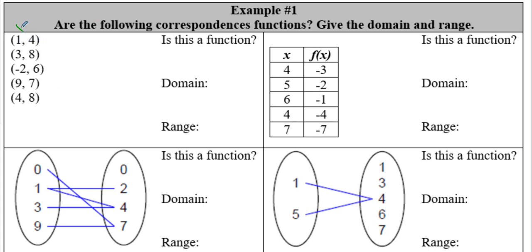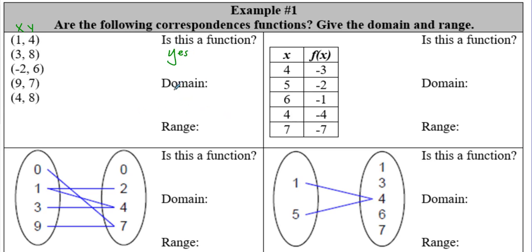If you want to label them, you can. So here we got 1 has an output of 4. That's good. 3 with an output of 8. That's good. -2, output of 6. 9, 7, and 4 and 8. So it doesn't look like we have any x value with two different y values, because all of these x values are different. So would this be a function? Yes, I would say so.